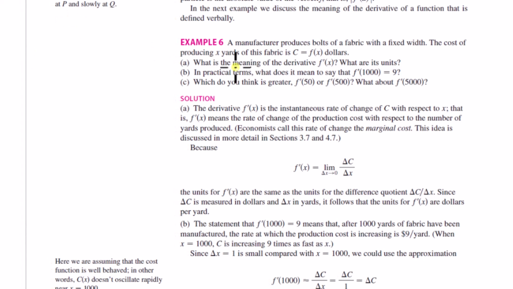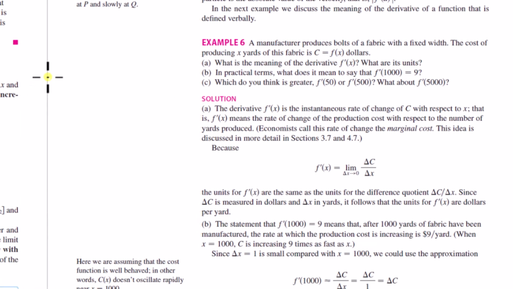So if we think about the shape of the cost function, the domain of the input X is going to be any X greater than or equal to 0, because you can't produce negative yards of fabric. And then the cost is also going to be something greater than or equal to 0, because you're not going to get paid to produce fabric.